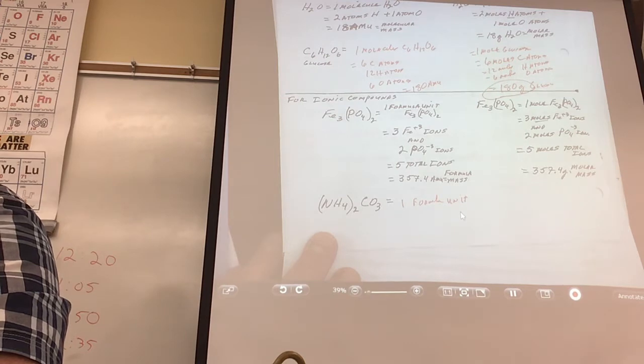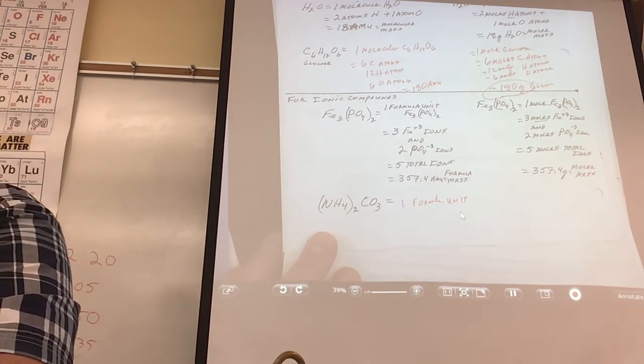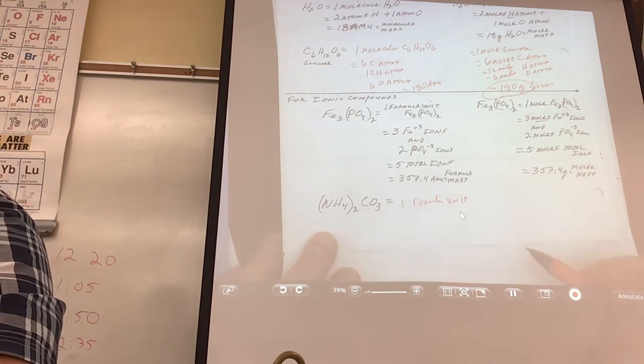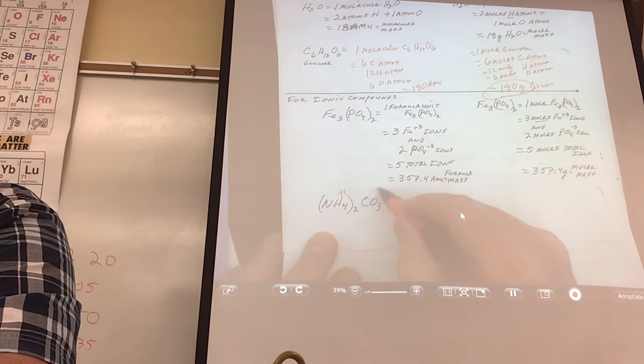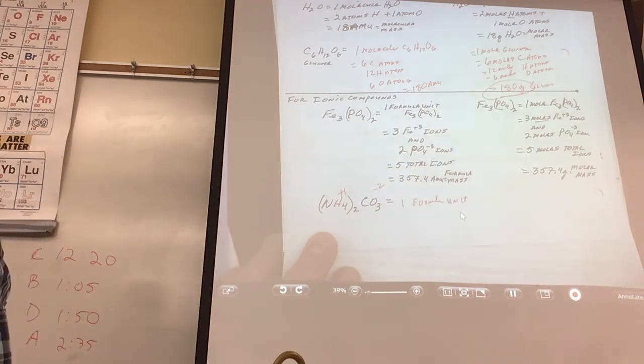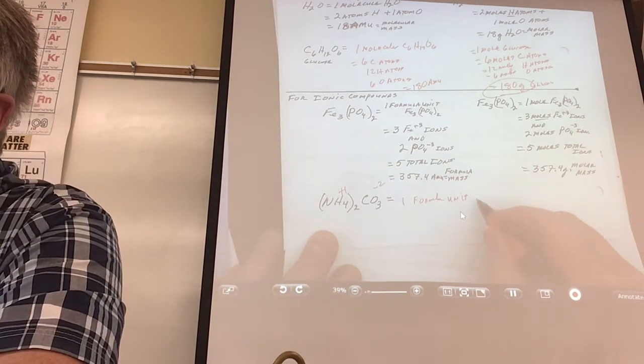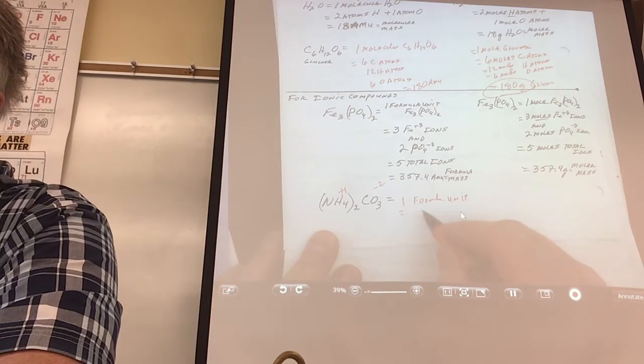So it's called an ion, isn't it? A polyatomic ion. It's held together with covalent bonds, and yet it acts like an ion, so what kind of a compound is this? Here's a +1 ion, here's a -2 ion, isn't that right? Okay, go ahead. 1 formula unit of this equals how many?